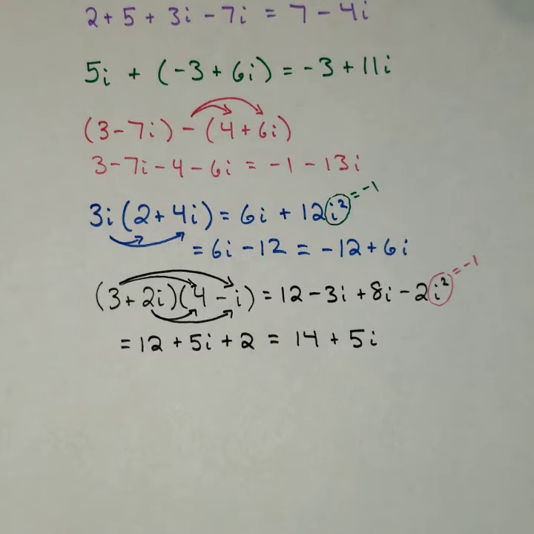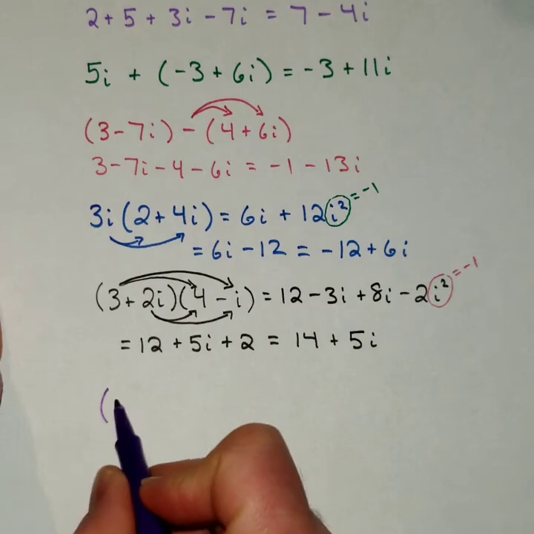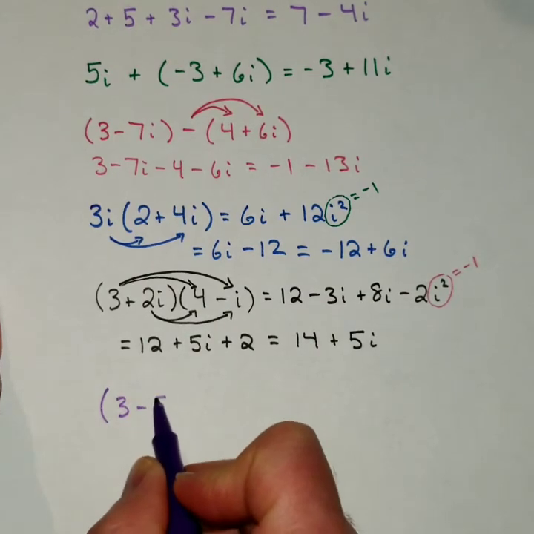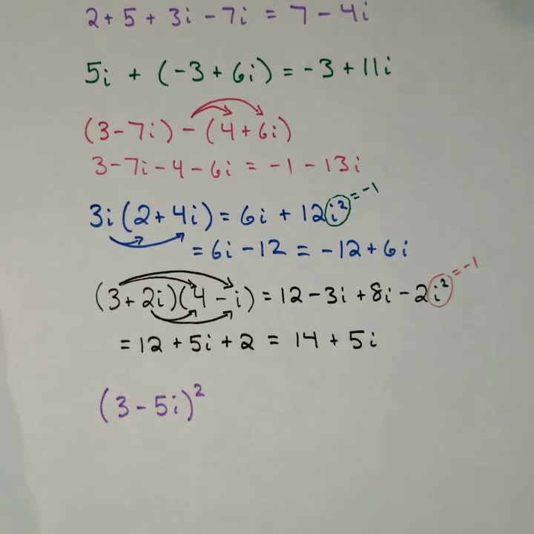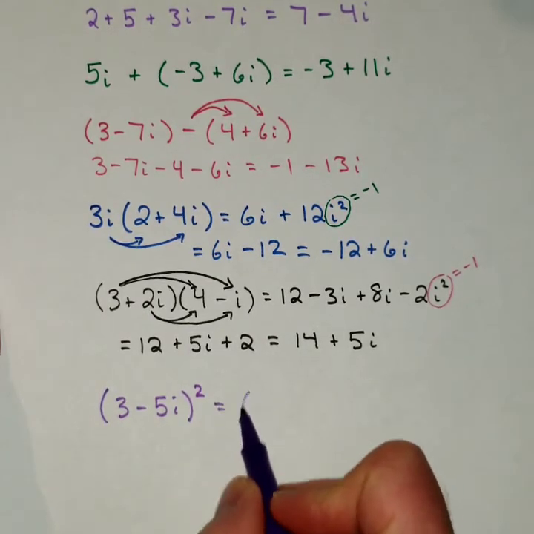Alright, let's try a couple more of these. Maybe we'll square a complex number. Let's take 3 minus 5i and raise it to the second power. Well, remember, anytime you square something, you're multiplying it by itself.